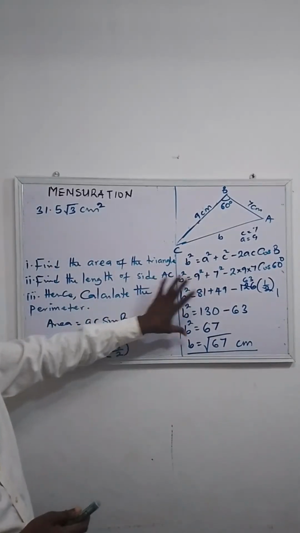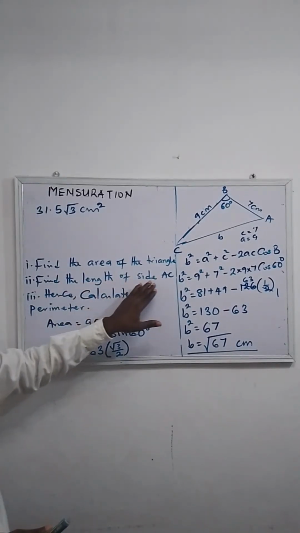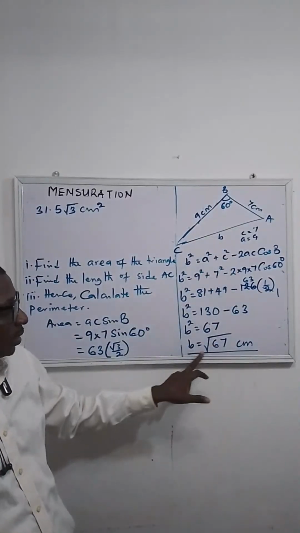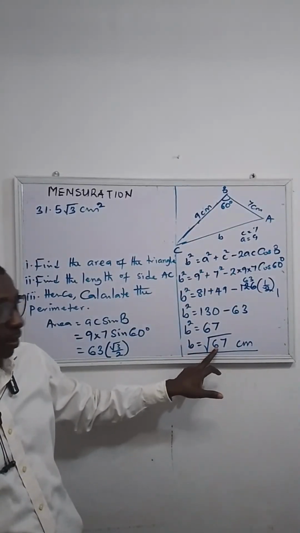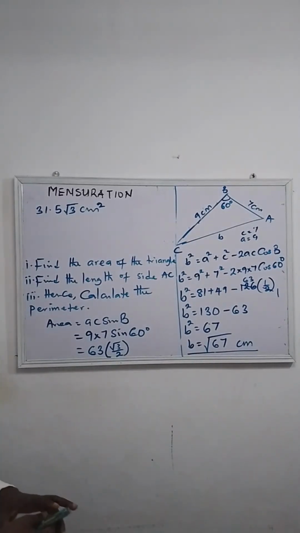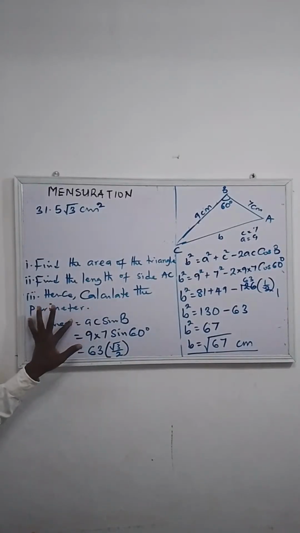Now to the second part, we have this. That's the length of side AC. This is AC, it's the same thing as B. So AC is square root of 67. Okay, so now the last one, you have to calculate the perimeter.